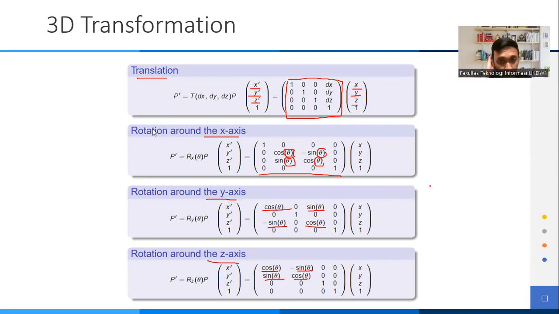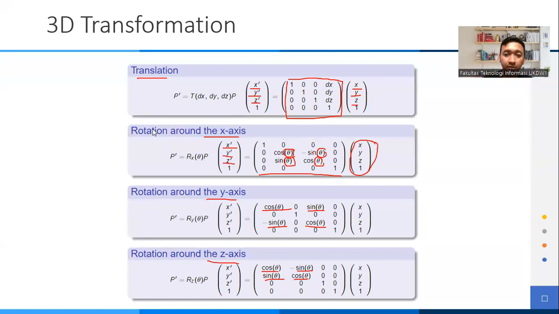So we can calculate the rotation in the x-axis. This is the old coordinate x, y, and z. After we process the rotation of this coordinate, we can get the new coordinate here.